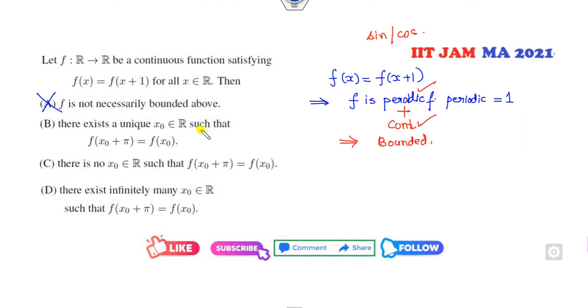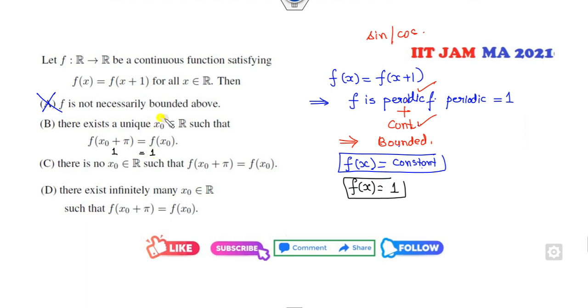Now for the existence statement, can you choose any function which is bounded, continuous and periodic? Any constant function. A constant function is bounded, and it is periodic as well. So I can simply say f of x is 1. Now look at the second option. There exists x naught, where the left hand side is 1 and the right hand side is 1. Do you get a unique x naught? No, because 2 plus pi is also equal to f of 2, and 3 plus pi is also equal to f of 3, because the function is constant.